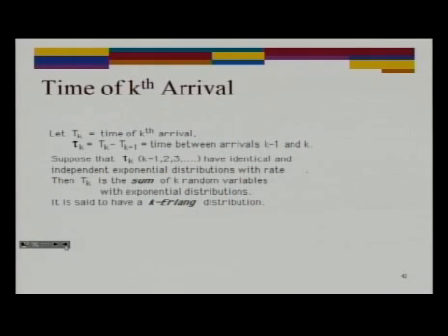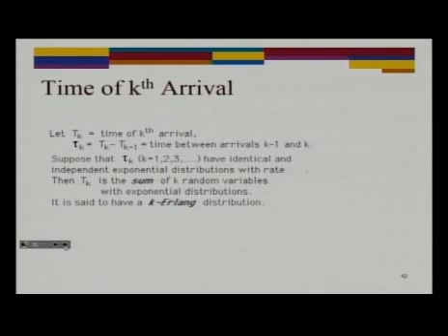Okay, now let's talk about the time of the kth arrival. I would say this is the extension of the exponential distribution. Exponential distribution is related to the time of the first arrival. So let's say T sub k is the time of the kth arrival.